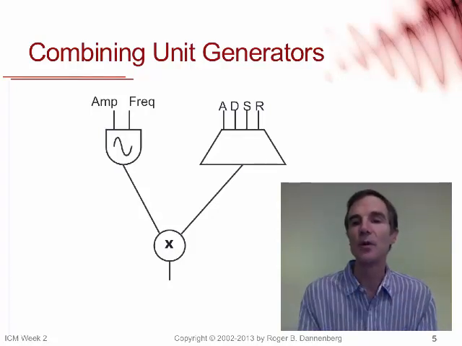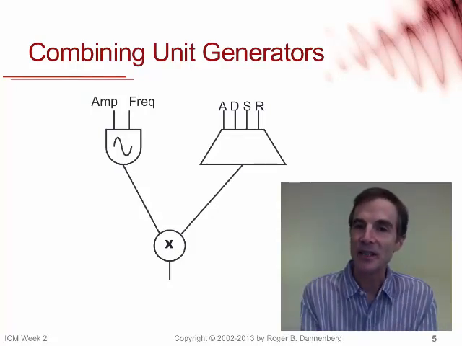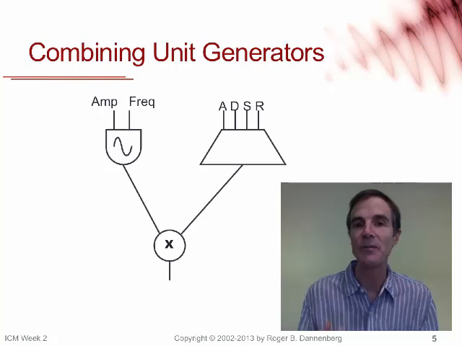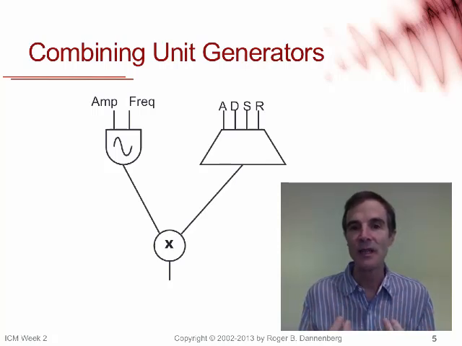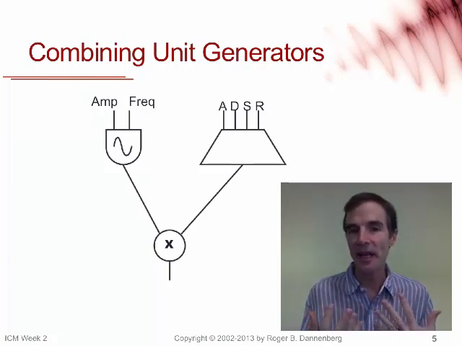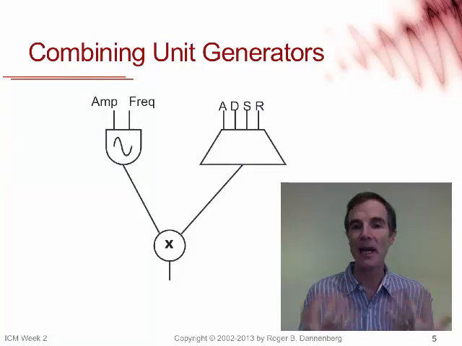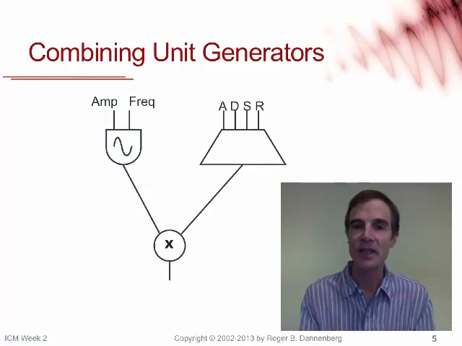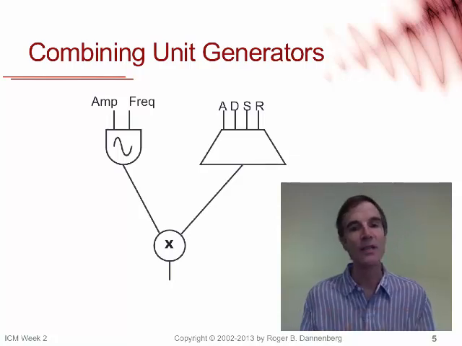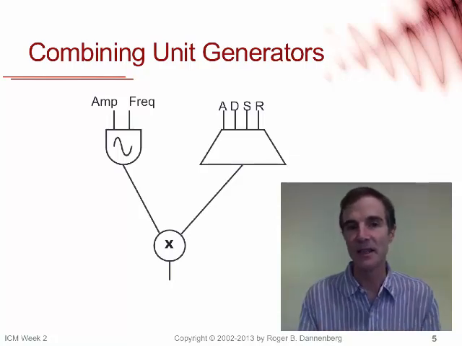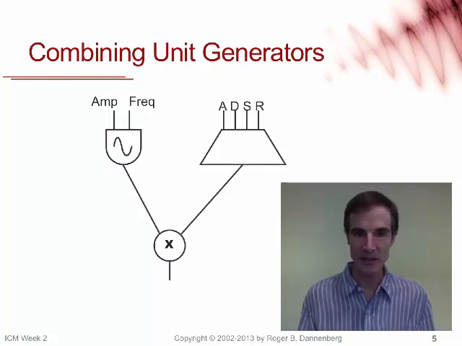And the great thing about unit generators is they can be combined. So you start with simple unit generator behaviors and you patch them together and you build very complex synthesis algorithms. For example, this is a classic kind of table lookup synthesizer.